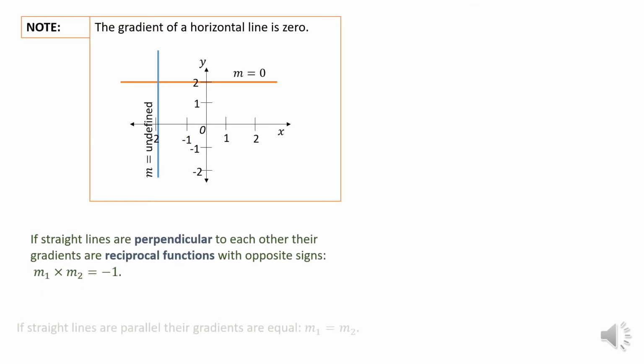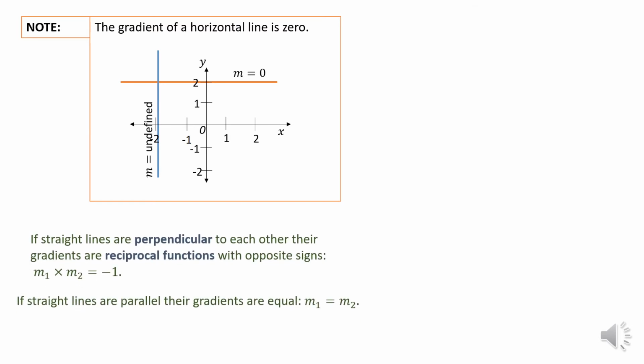All right, so we already spoke about beginner lines, and we also spoke about parallel lines. The gradients for parallel lines are exactly equal, and for perpendicular lines, when we multiply the gradients, the product is -1. So if the gradient of a line is 5/4, then the gradient of the other line should be -4/5.